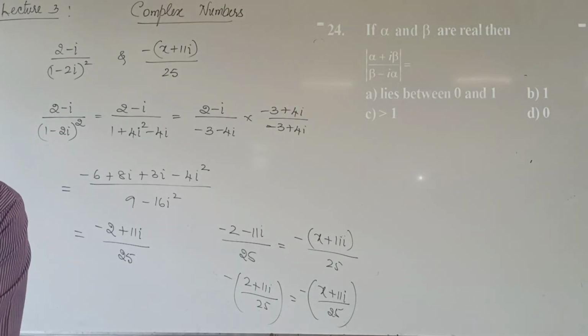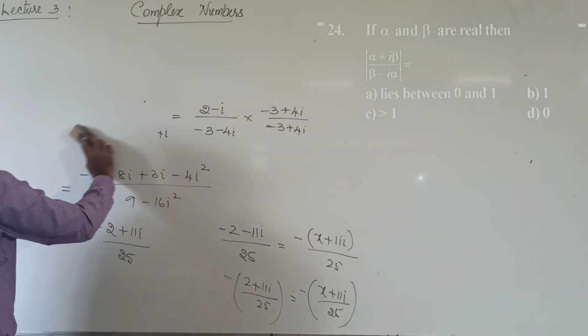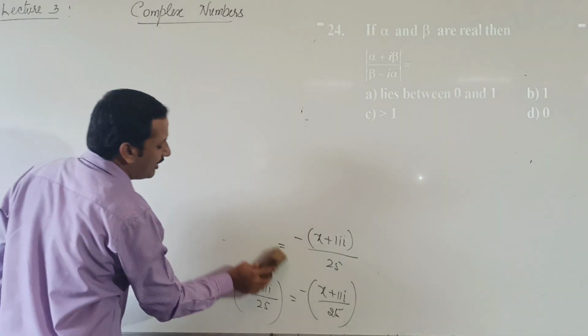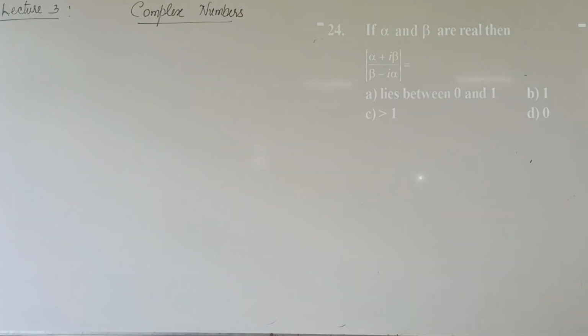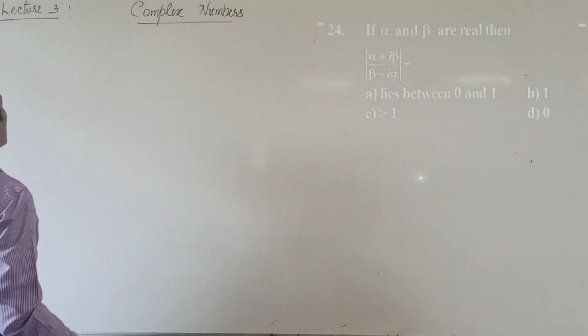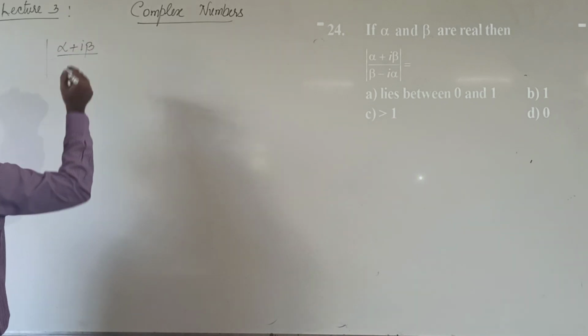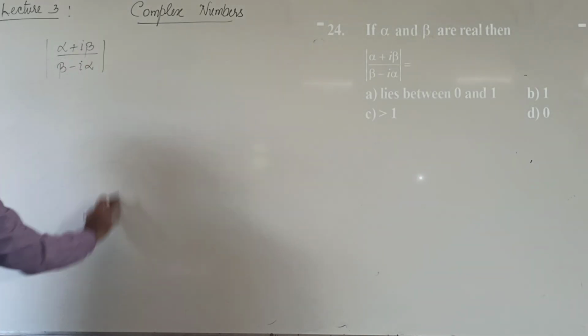Okay, look at the next question, 24. If alpha and beta are real, then modulus of alpha plus i beta divided by beta minus i alpha is equal to. Okay. So we are asked to find out the modulus of alpha plus i beta divided by beta minus i alpha.